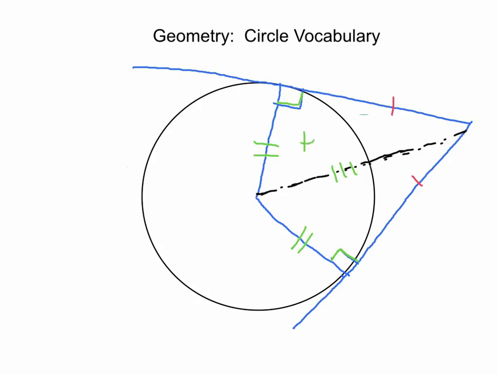So by HL, these 2 triangles are congruent. And if these 2 triangles are congruent, then these 2 pieces that are corresponding parts are also congruent. So if we have a tangent to a circle and another tangent to a circle, and they emanate from the same common point, then those 2 tangent parts are congruent.